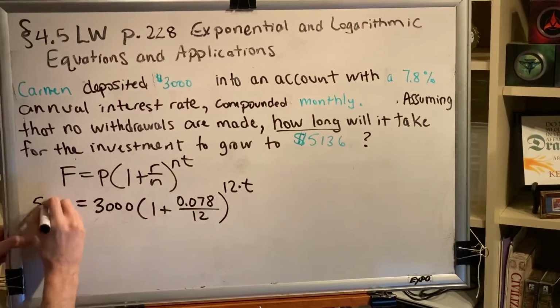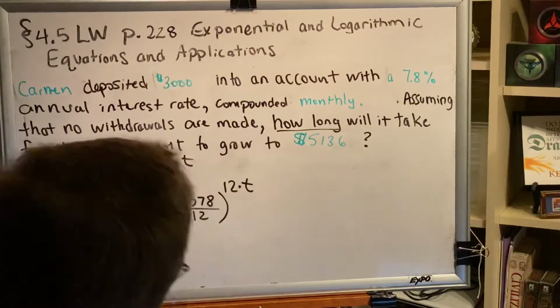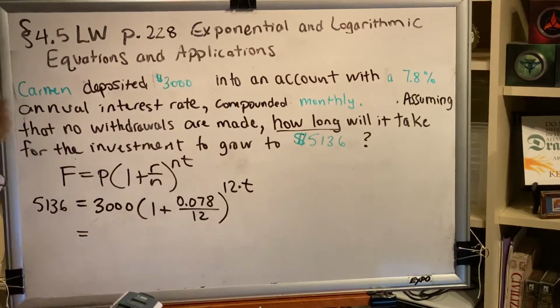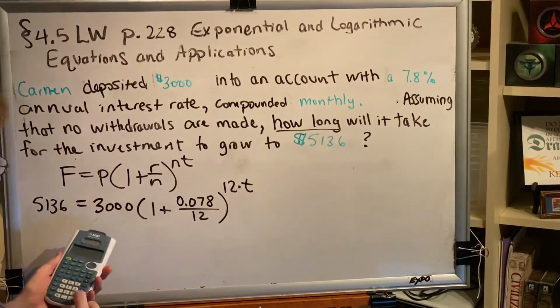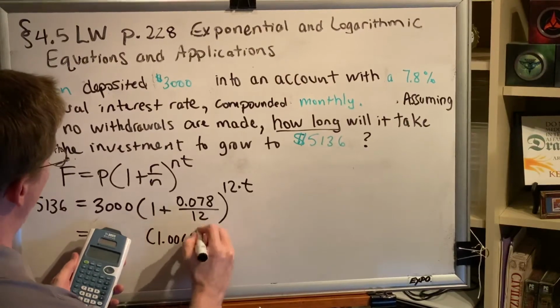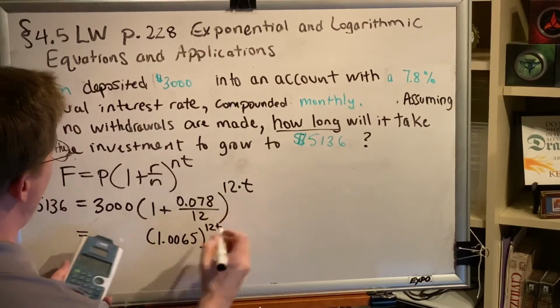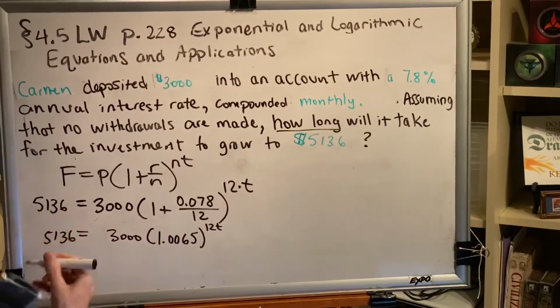And 5136 is the amount of money in the future, so that goes in here for the F. Okay, great. So let's do our division inside here. 0.078 divided by 12 is 0.0065. And then when you add 1, you get 1.0065 raised to the 12t power. All of the other elements of the problem stay the same.